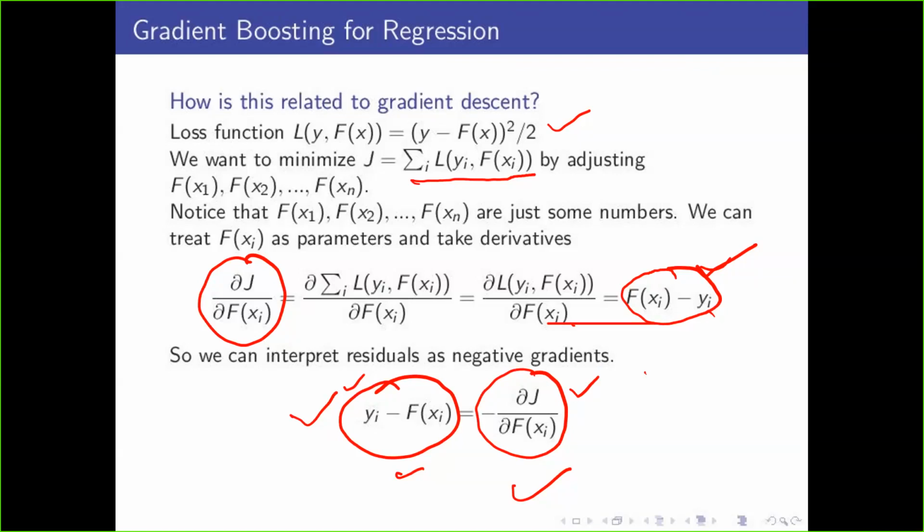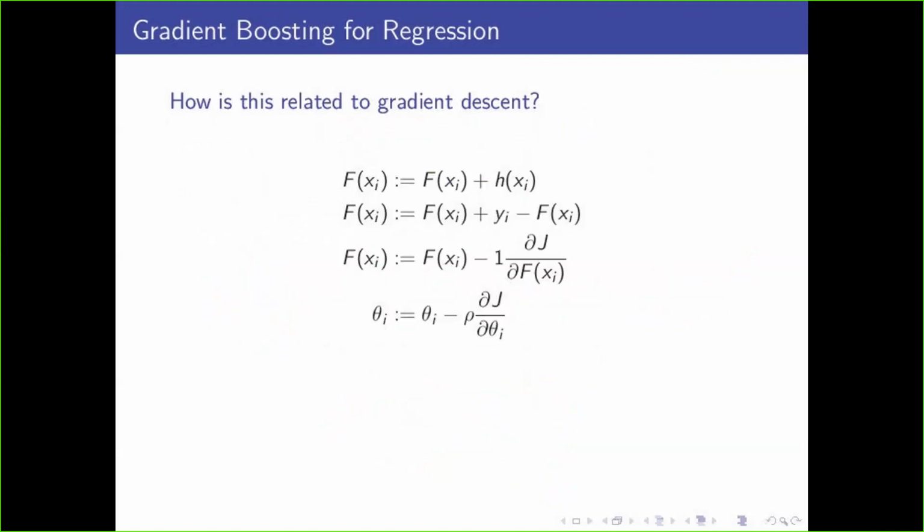All right. We wish to improve our model by updating it like this: f of xi equivalent to f of xi plus h of xi. And h of xi you are fitting for the residual yi minus f of xi. This is equivalent to fitting a model to the negative gradient with alpha equivalent to 1. Right?